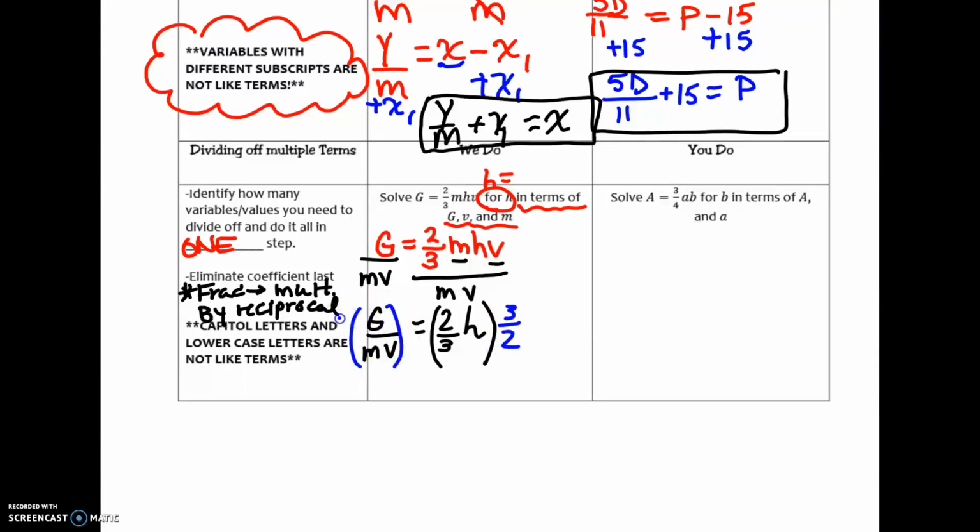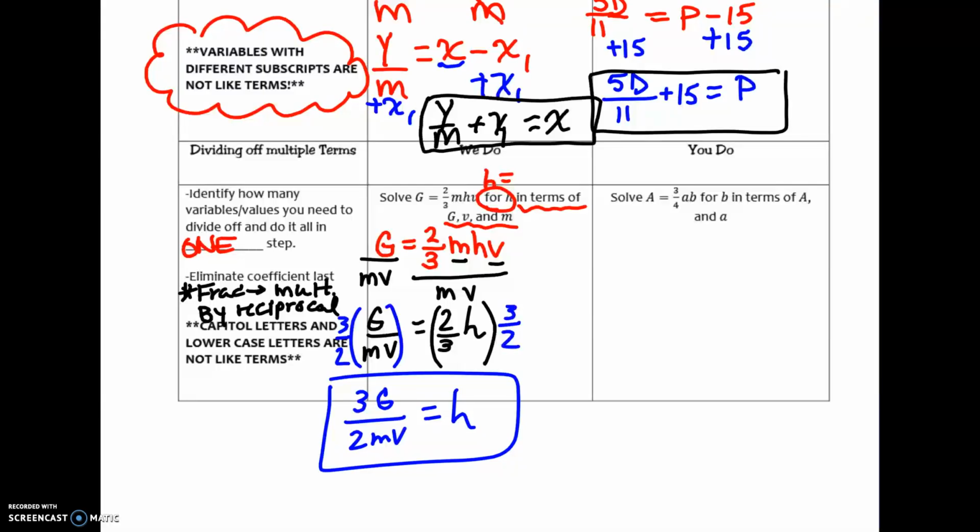Now I have 3g over 2mv equals h, and now I have h by itself. I know it seems weird that we're eliminating our numbers after the variables, but that makes it look the most simple and keeps it all together in one clean fraction at the end.